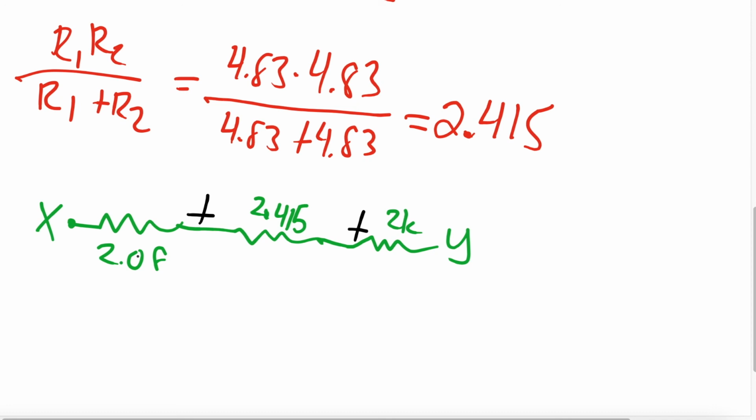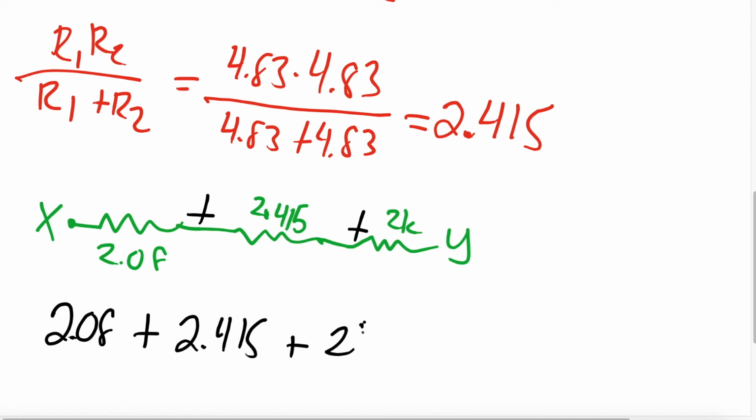So the resistance between X and Y easily becomes 2.08 plus 2.415 plus 2K. So this is all in kiloohms. And then our final answer for the equivalent resistance is the sum of these three resistors.